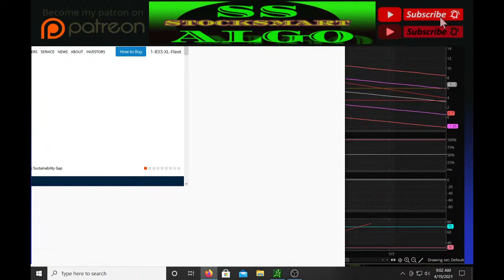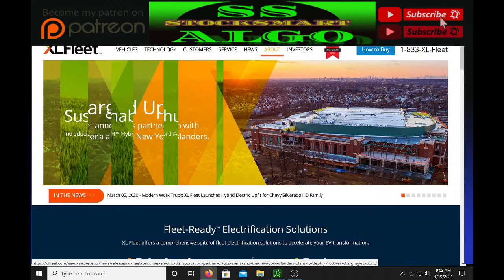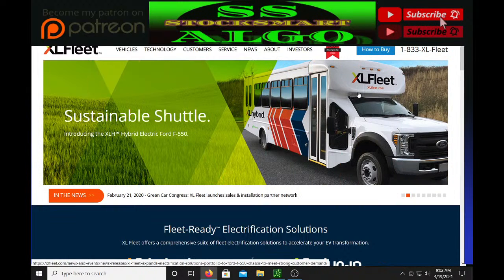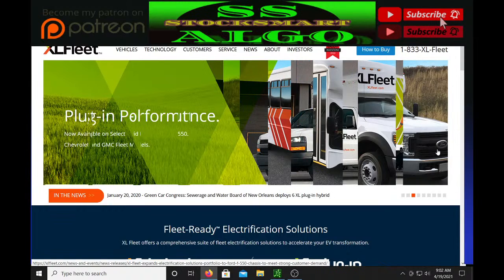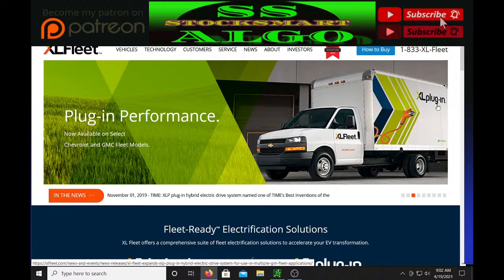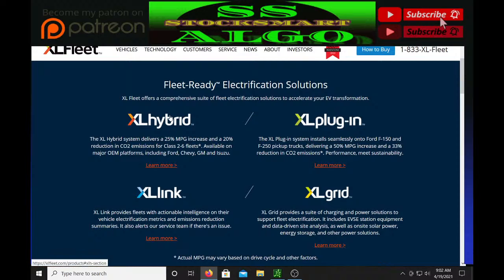Let's bring them over here and check them out. Alright, how to buy. So you can buy, and look, these are city buses. Ford, those are names we know. Okay, Chevy, XL plug-in. I mean, checking out these different fleet ready electrification solutions.